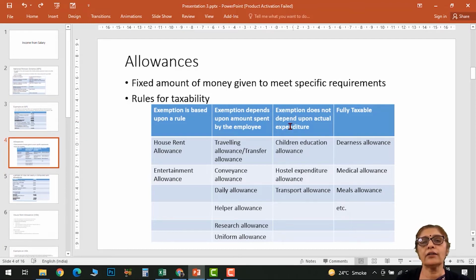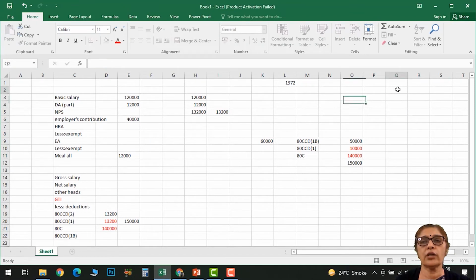Then there's a third category where exemption does not depend on actual expenditure. Children's education allowance. Let's say you get a children's education allowance of 1,000 per month. One child, 1,000 per month. Your annual income on account of children's education allowance is 12,000. Now on this 12,000, let's say I actually pay a fee of 14,000.